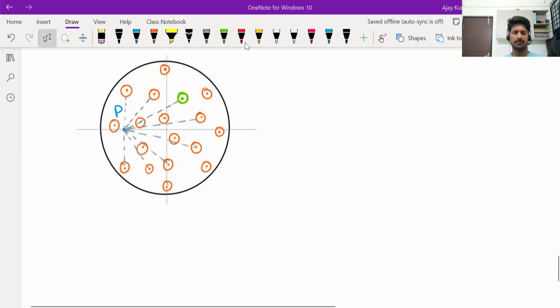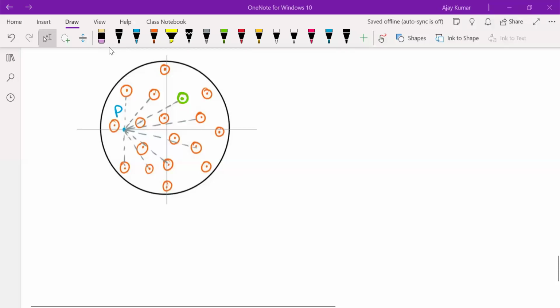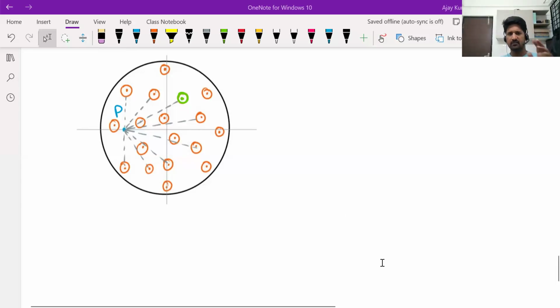Rough direction you tell. Downwards, I guess, if you use the thumb rule. You're saying negative y, this direction. Yeah.